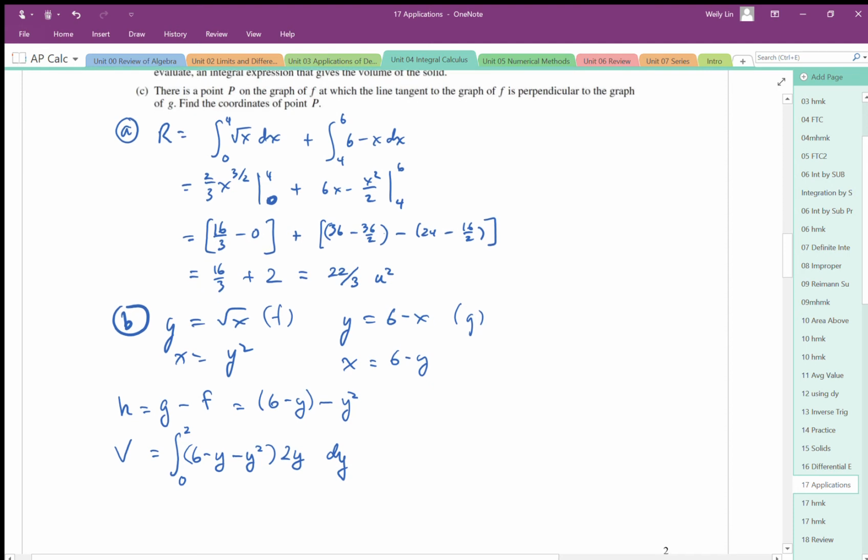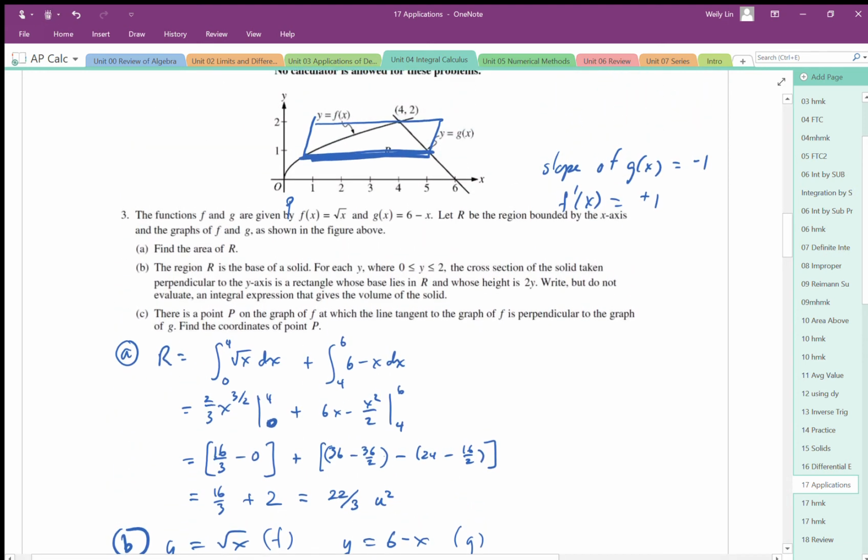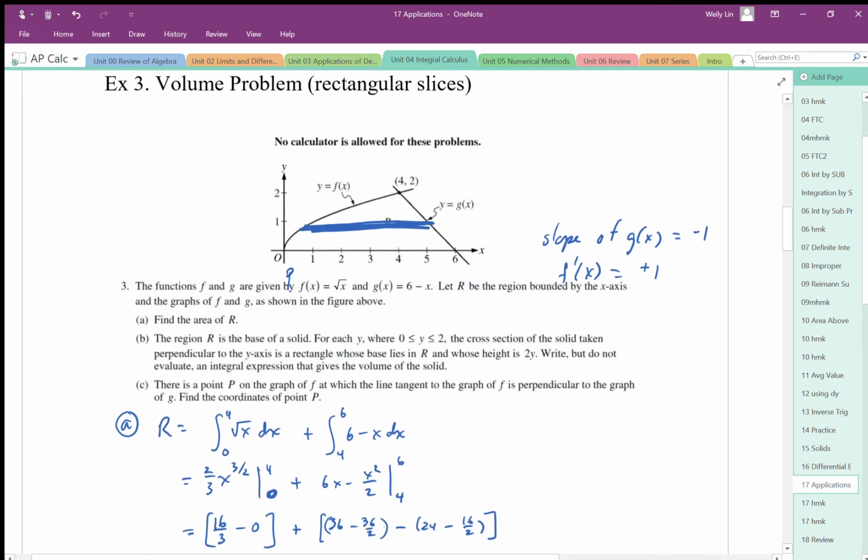Okay, so for part C, it says P is a point on the graph of f at which the tangent line to the graph is perpendicular to the graph of g. So if I just extend that line, we want a tangent line which is at 90 degrees.